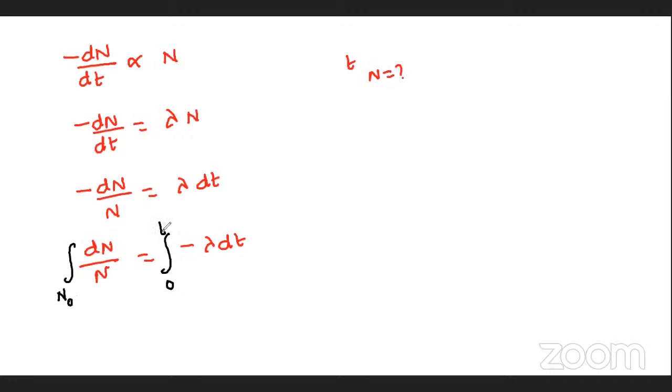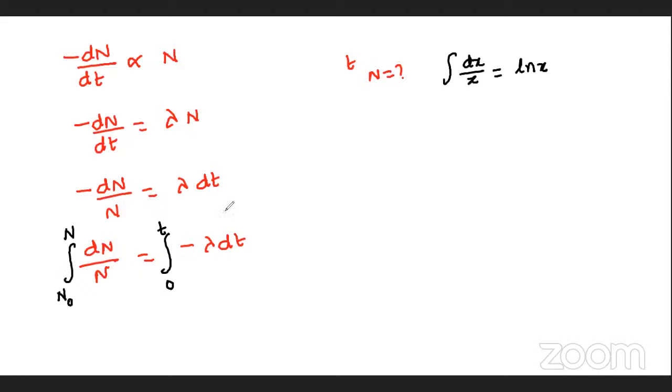At time t, we have the number of nucleons as N. Integral dx by x. What is the formula for integral dx by x? ln x. మీరు log అని చెప్పేటప్పుడు log x to the base e.